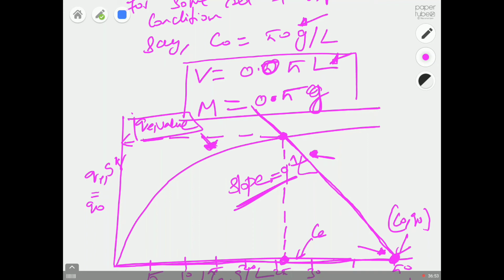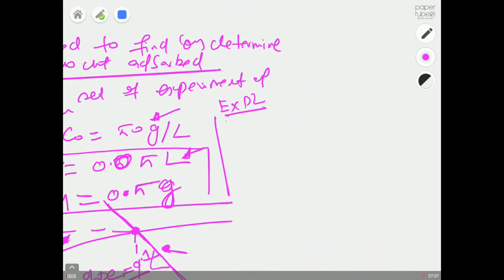And imagine if I change the volume. Say you are doing the same experiment, say this is experiment 2, same experiment with C0 of 50 grams per liter, but this time you are performing the experiment with say 0.1 liters as the volume, and the mass is equal to 0.5 grams.